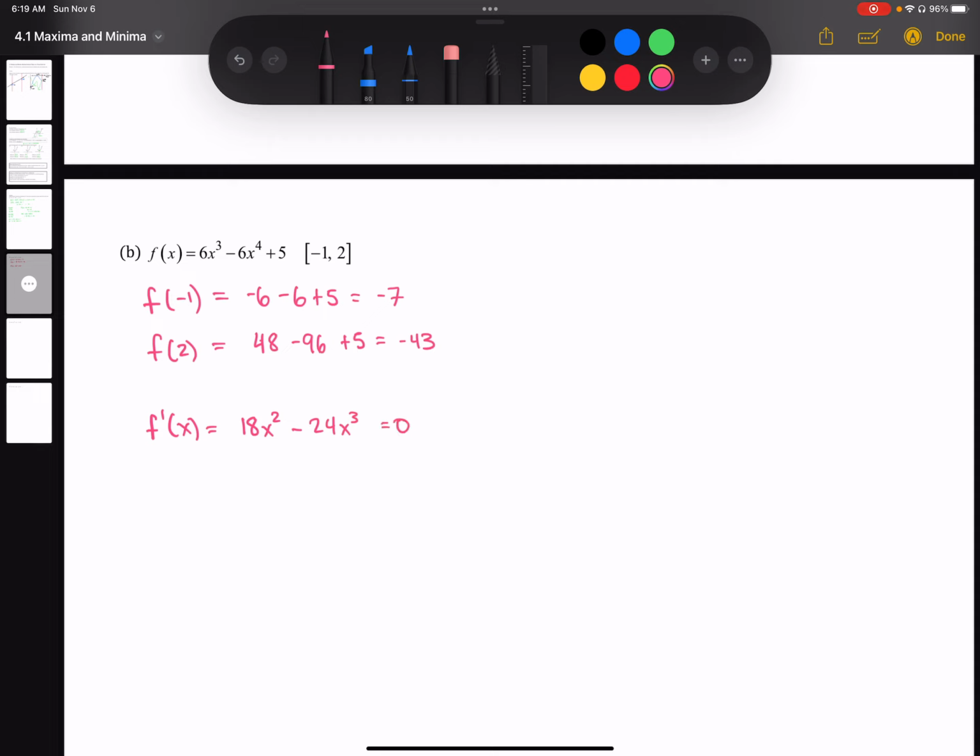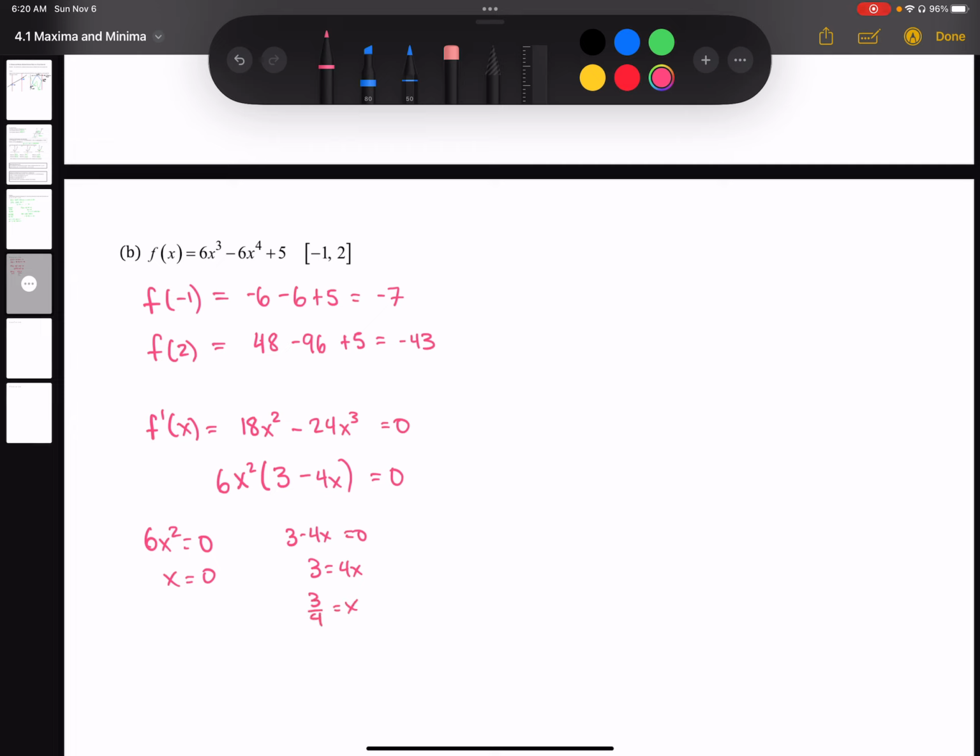If we set this equal to 0, the first thing we can do is factor out, actually we can take out 6x squared. That would give us 6x squared times (3 minus 4x) equals 0. So two things are true. One is that 6x squared equals 0, so x equals 0. And the other is 3 minus 4x equals 0, so 3 equals 4x, and 3/4 equals x.